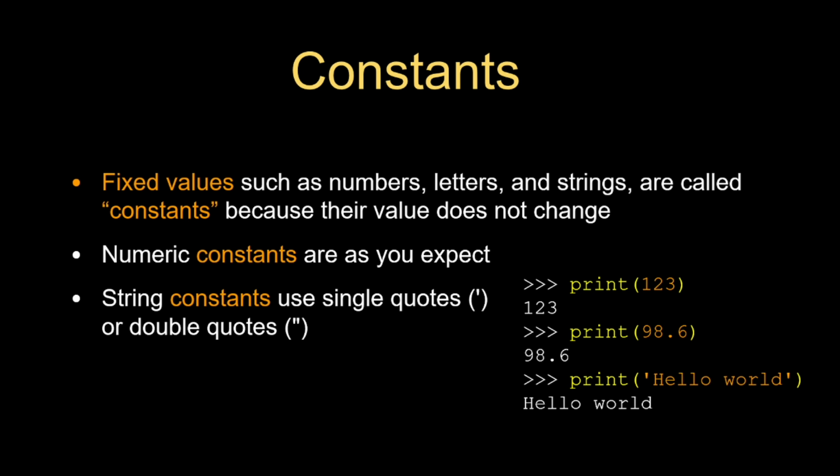Okay, so string constants, again, as what I've mentioned earlier, it uses quotes. You could either use single or double quote. So later on, as we progress with our course, we get to see the proper usage. Okay, but for now, single quotes and double quotes could be used for strings in general.